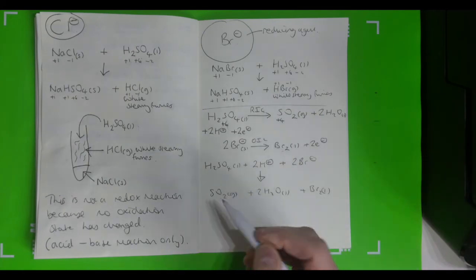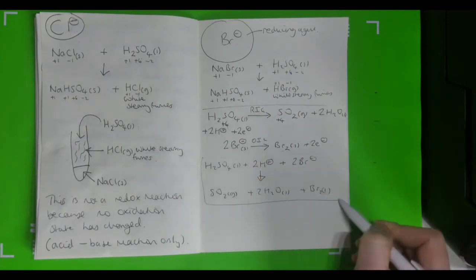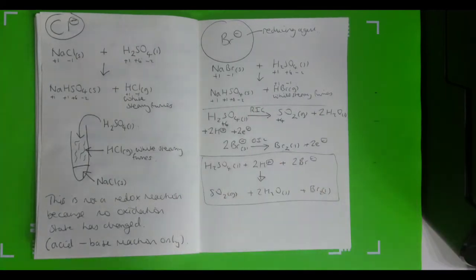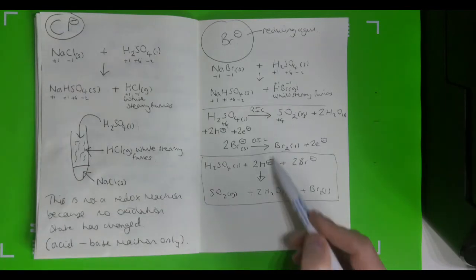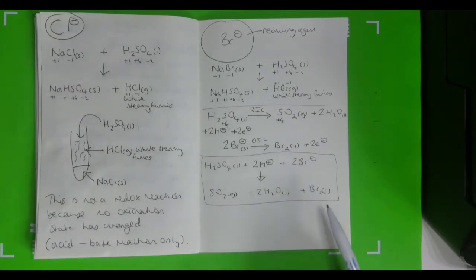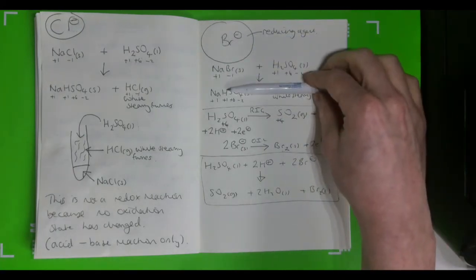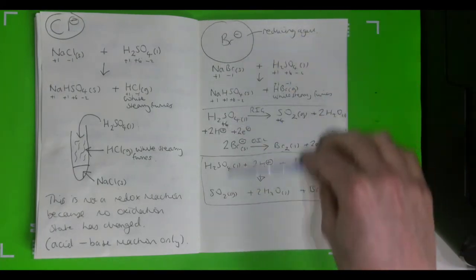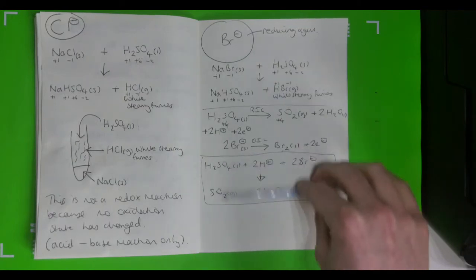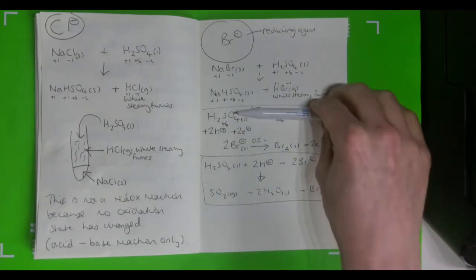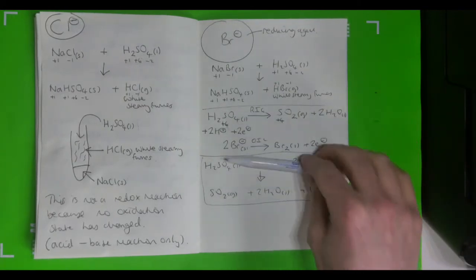Okay, so that's our overall equation here. It's our overall redox equation. So there's an acid-base equation, and then we find that there's a redox equation. This is the redox equation here, and this is the 2 half equations which make the redox equation.